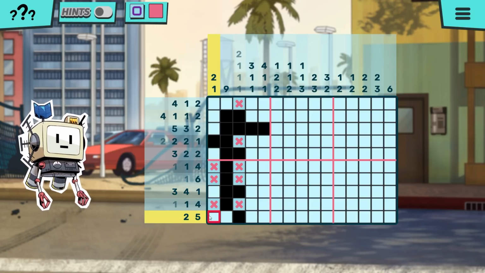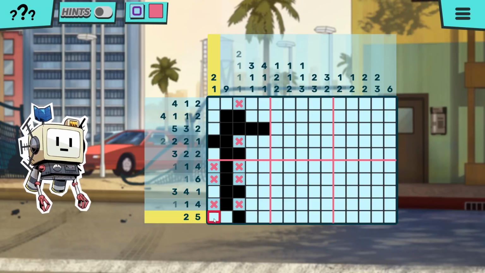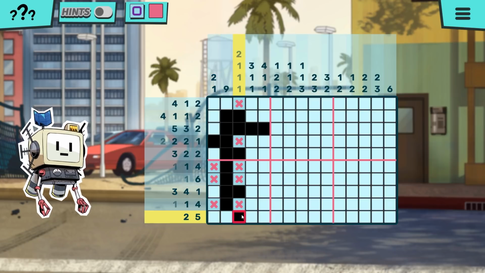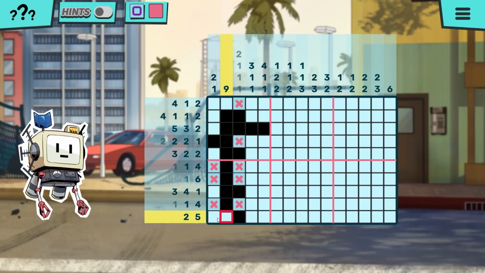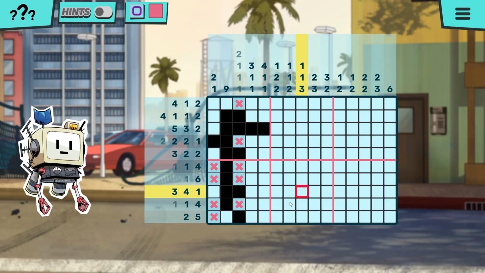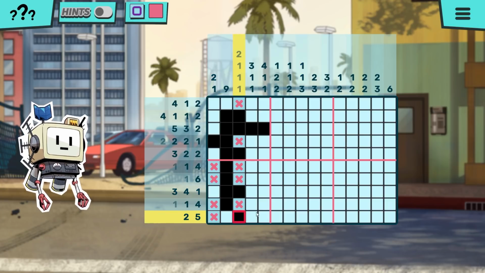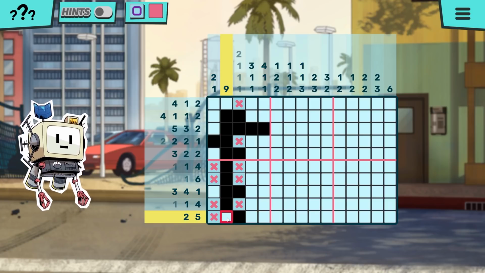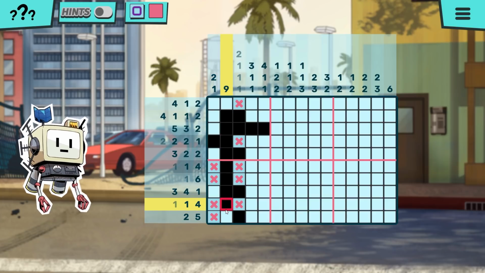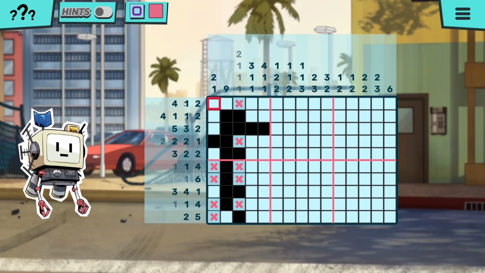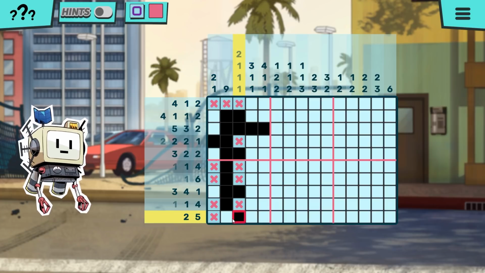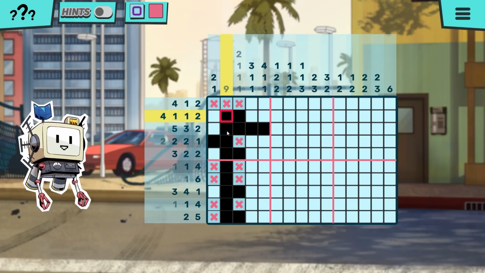Except the 2 couldn't be here, actually, because this is over here to the side. So, yes, I have to X this off. Which means that this could still be the 2 if the 9 decided to shift down. Oh, the 4 can't even start in here. So that is locked off, which means the 9 has to be down there.